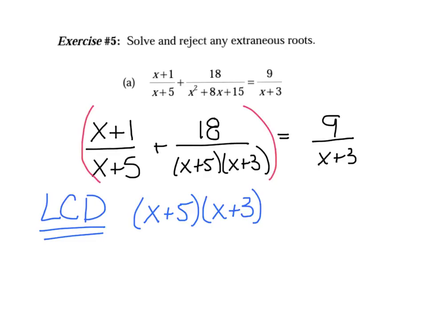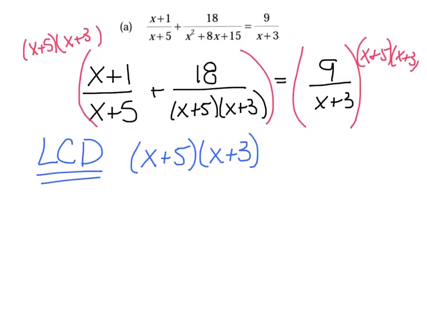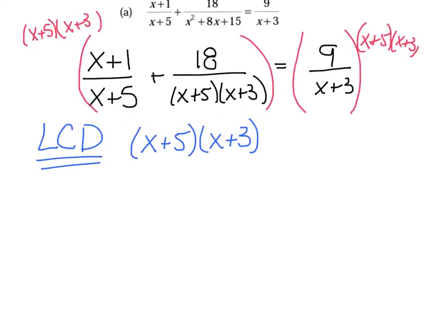So I'm going to wrap this side up and say x plus 5 and x plus 3. And I'm going to do the same here. I'm going to wrap this side up and say x plus 5 and x plus 3. Okay, now I know it's a lot of writing. We're just going to have to get used to that. We've been doing a great job so far in class. So now I'm going to take this term and I'm going to distribute it to this fraction, and then I'm going to distribute to this fraction.